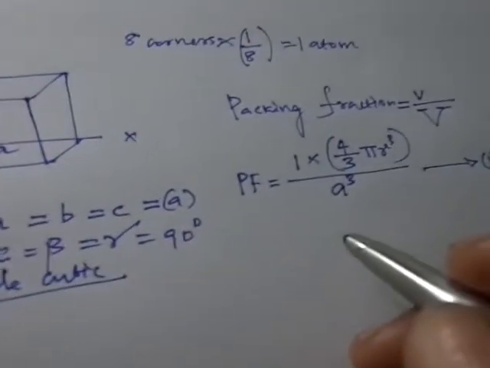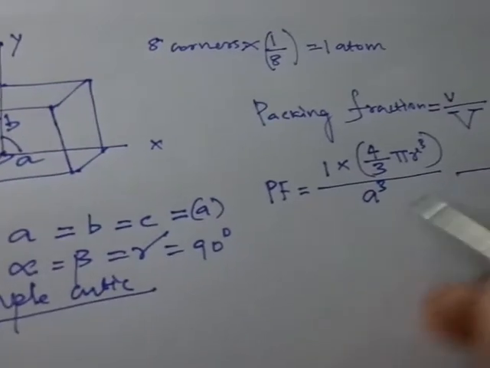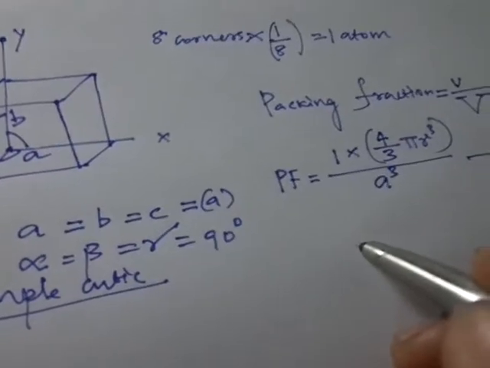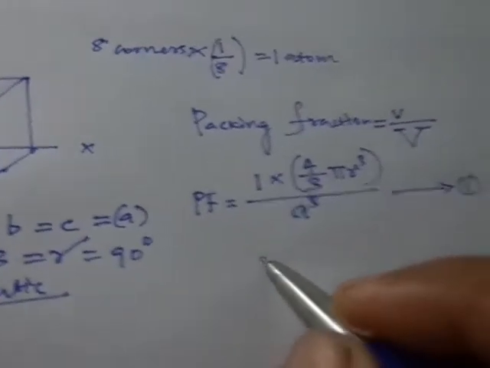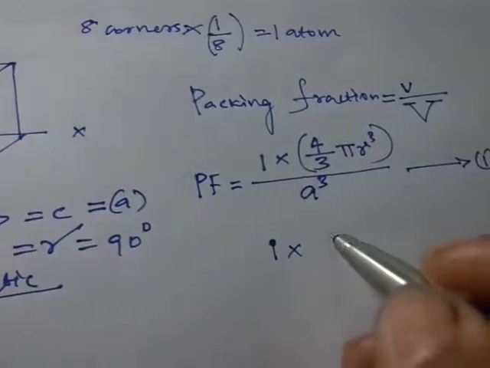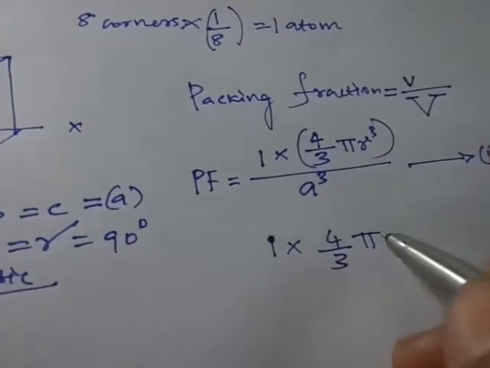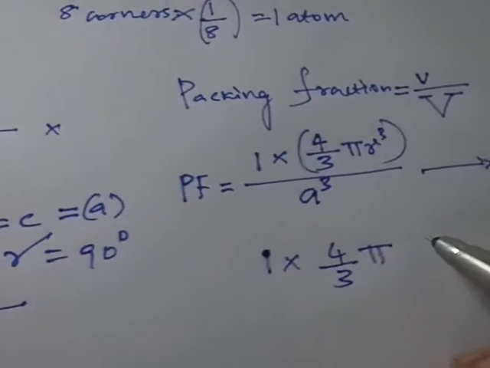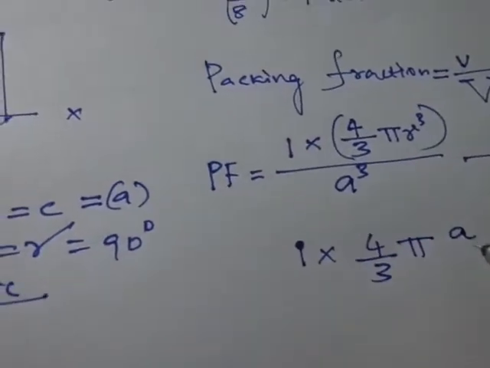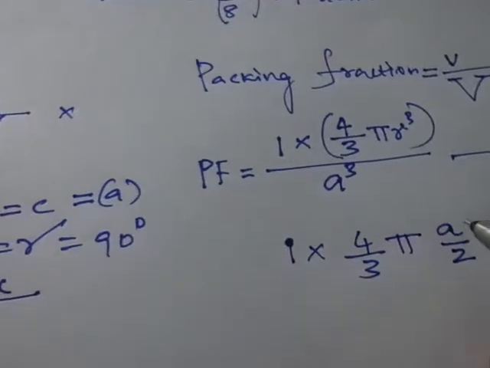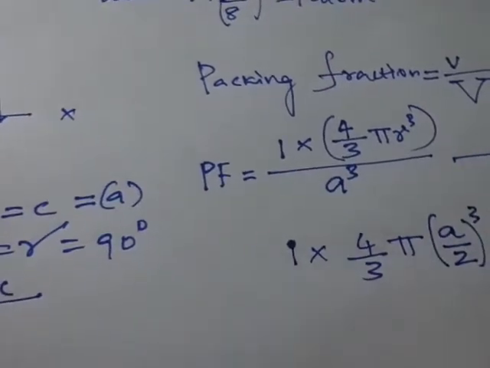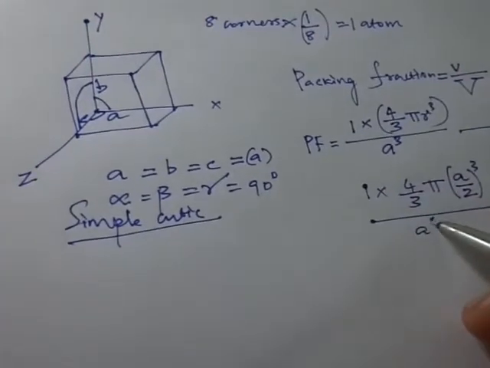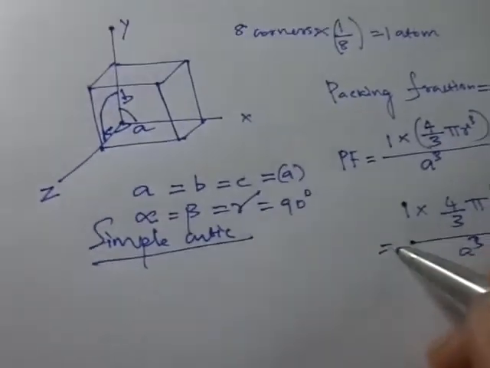The substitution is for R, I do it in advance. 4/3 pi R is substituted with A by 2 cube divided by A cube. That is packing fraction.